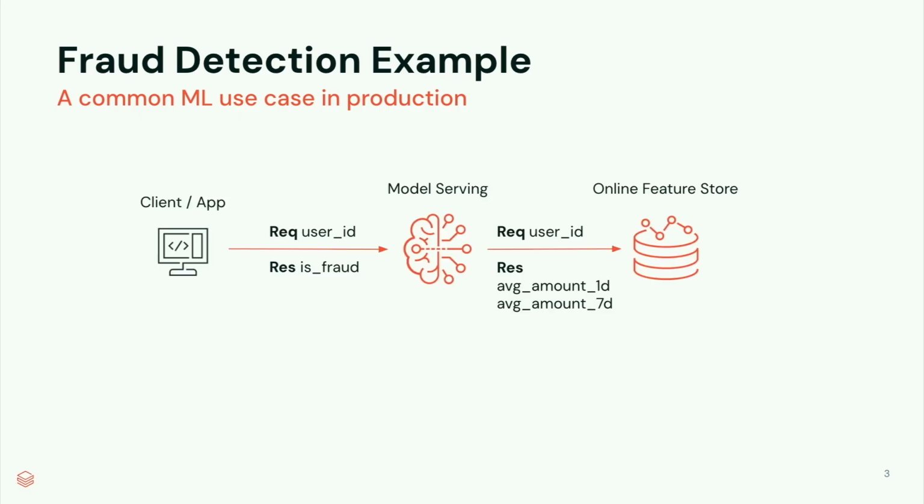This is a very simplified overview of a typical setup. Imagine this is a component in your whole transaction processing system, and we're asked to detect whether transactions are fraud. You have clients sending us requests, and we have a machine learning model returning whether the transaction is fraud.